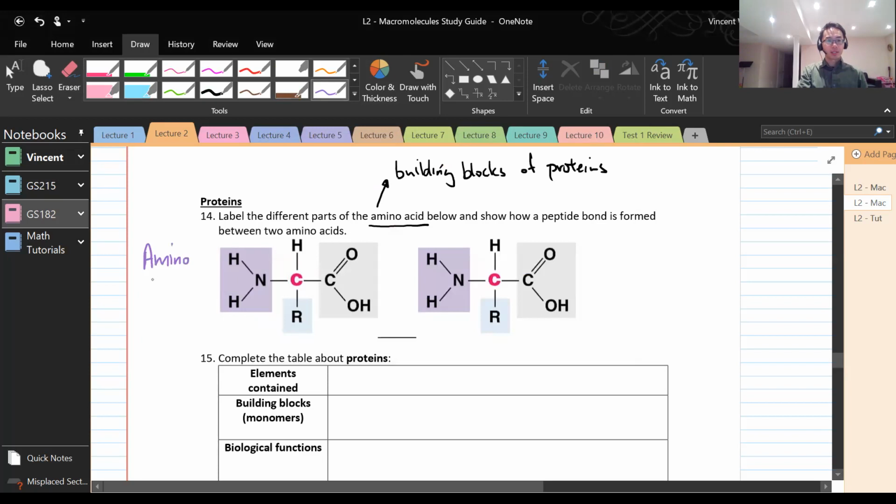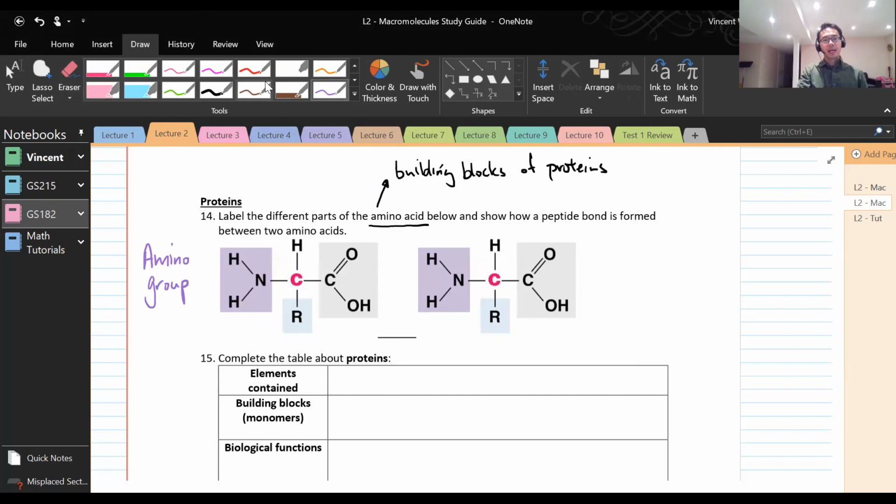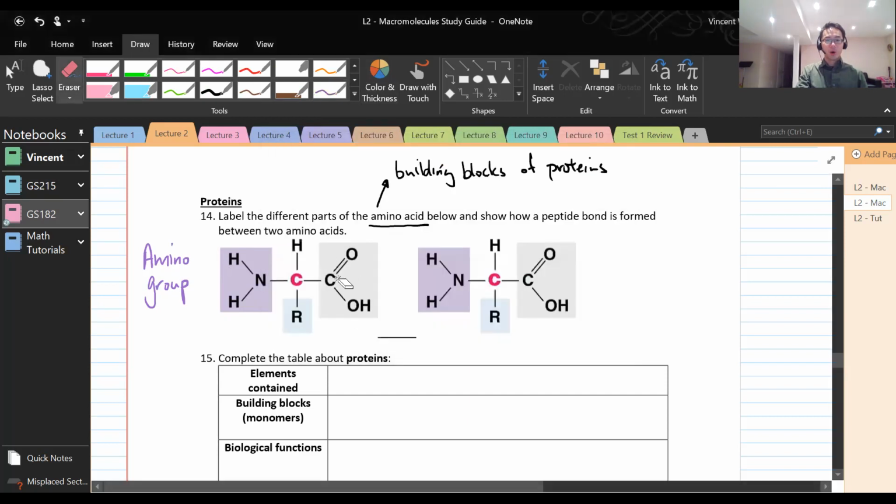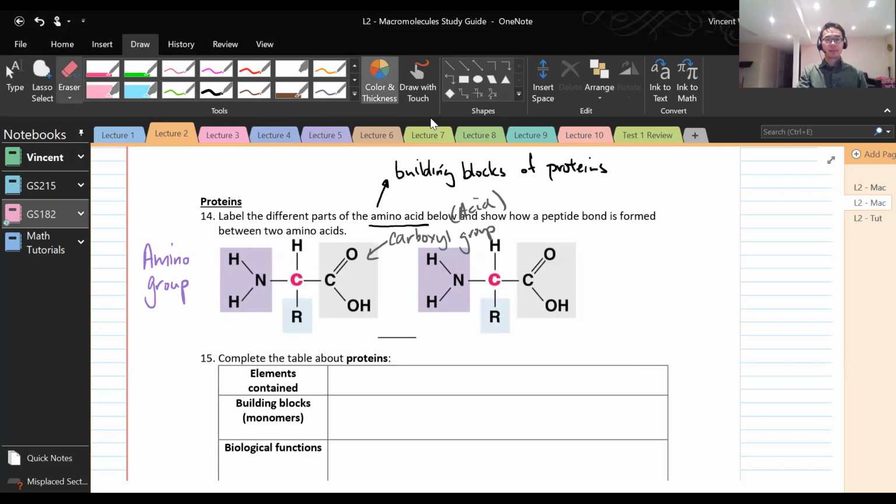And you do have to know the name: amino group, the NH2. On the other side, we have the COOH, and that is the carboxyl group, which is also known as the acid part. And we have the R right here.